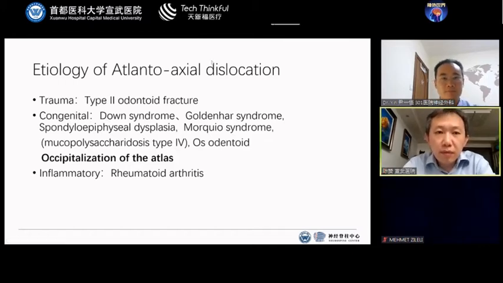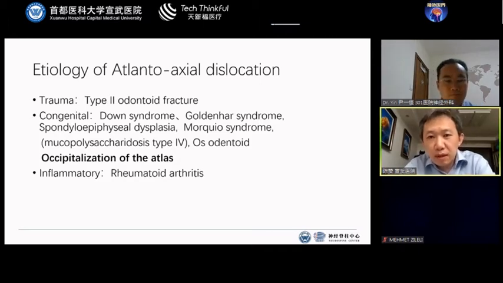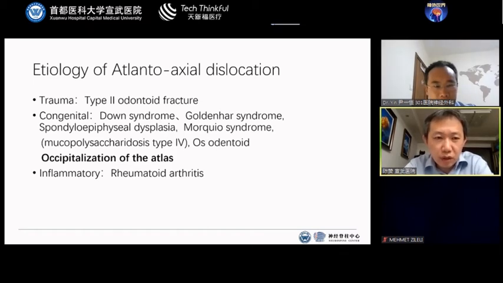Sorry. Before we give a reasonable classification of C1C2 dislocation, we should know something about the reasons why C1C2 can dislocate. First, some trauma may lead to dislocation between C1 and C2, like type 2 odontoid fracture.